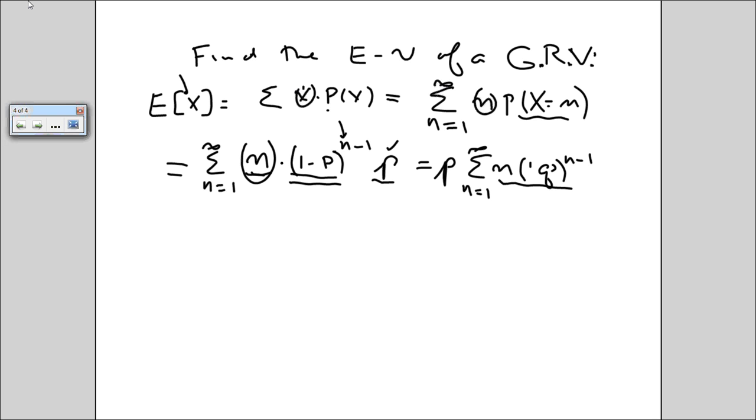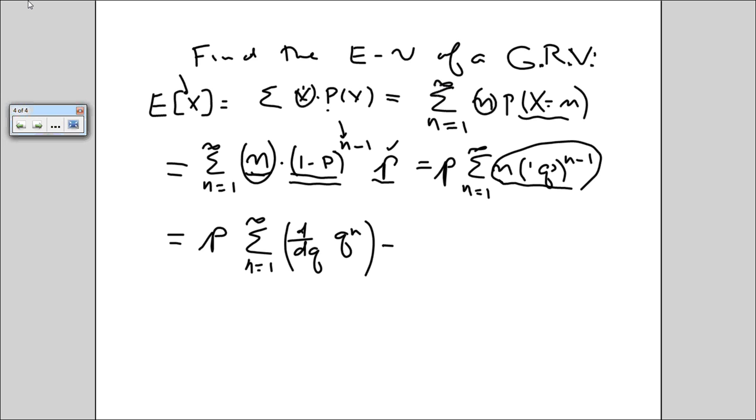That's the derivative of q to the n. The p is still in front, the summation, but this piece is just the derivative with respect to q, because that's the variable, of q to the n. And then it goes from 1 to infinity.